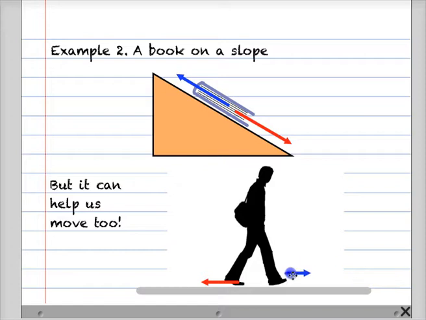The ground exerts a friction force back on our foot, so the friction force allows us to propel ourselves forwards. The red arrow is us pushing back on the ground, and the blue arrow is the ground pushing back on us. Without the friction, our feet would simply slide around.